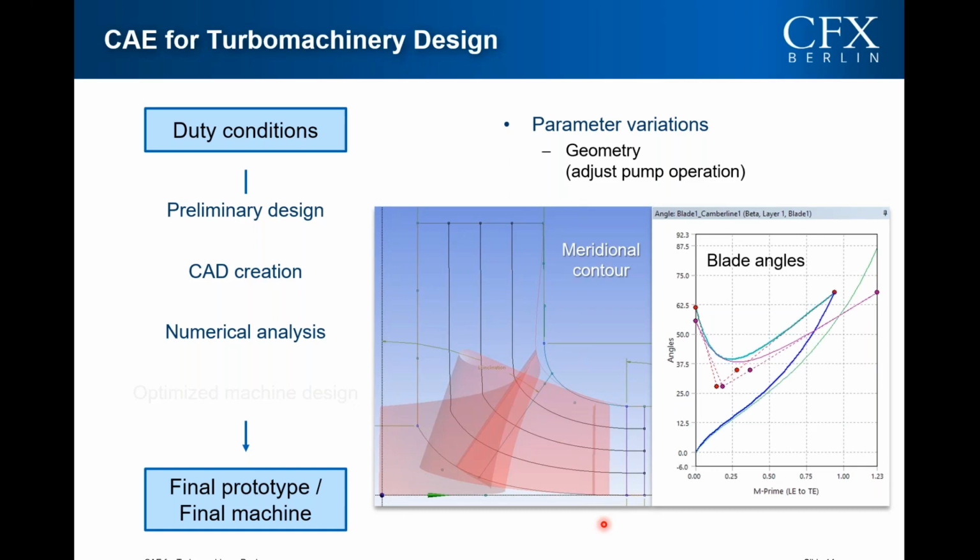I also adjusted the blade angles a little bit to compensate for the larger cross-sectional area. So again, here the red curve is the initial design, and the blue curves are the new blade angles.